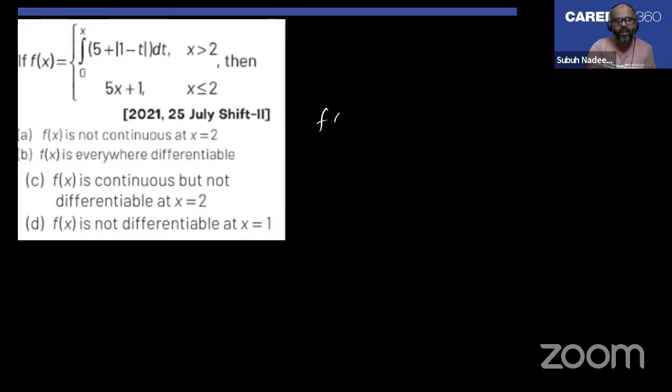So we can say that f(x) is equal to integral 0 to 1, okay, at 1 mod of (1 minus t) will change the definition. So this will become 5 plus, for t less than 1, 1 minus t will be positive. So it will be (1 minus t) dt.